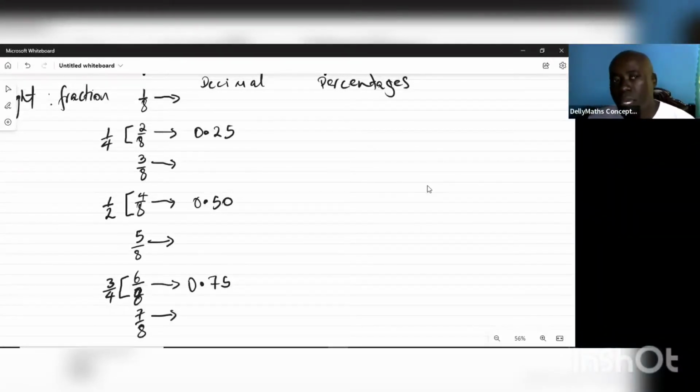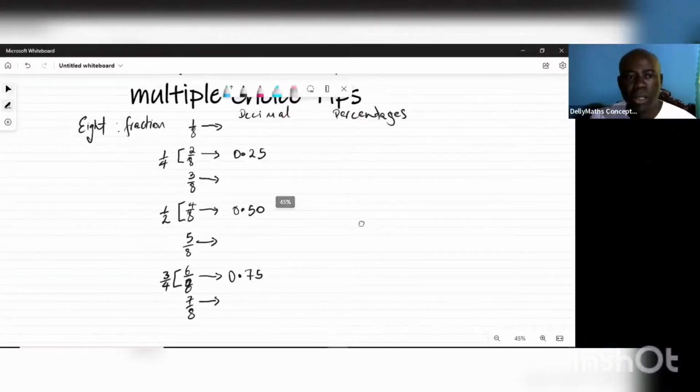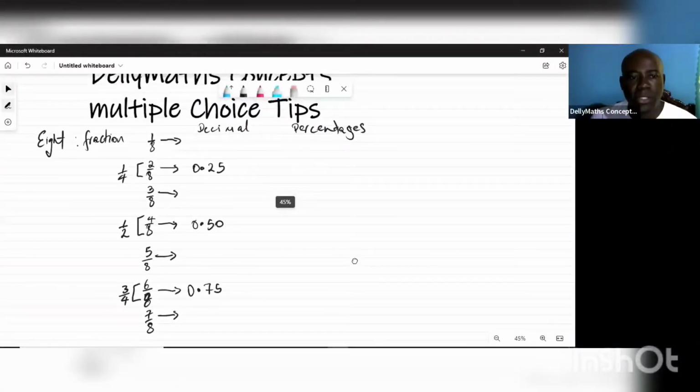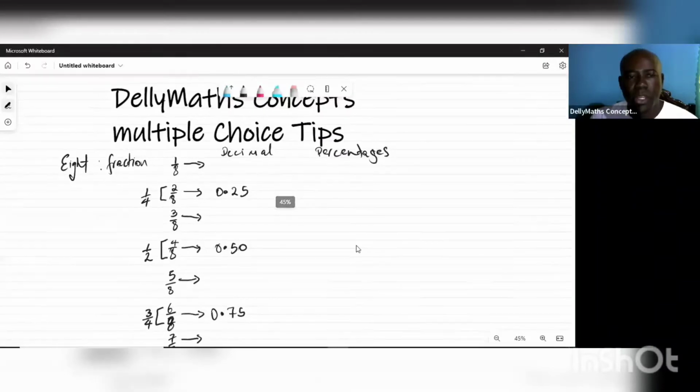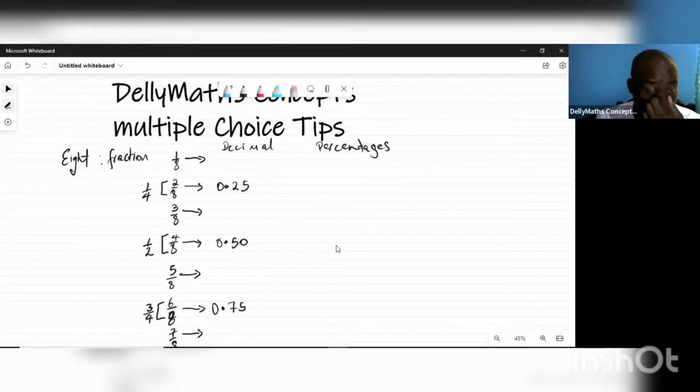I want us to think, as we go down, let me take out my pencils. As we go down, you would notice that there's one thing that everybody will notice here. You're going to notice that we're adding 1/8 each time.